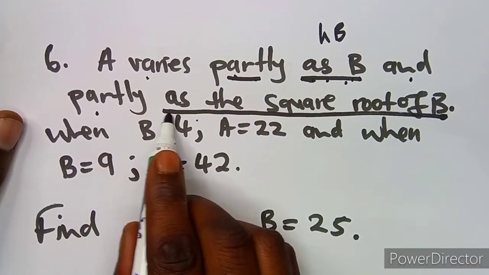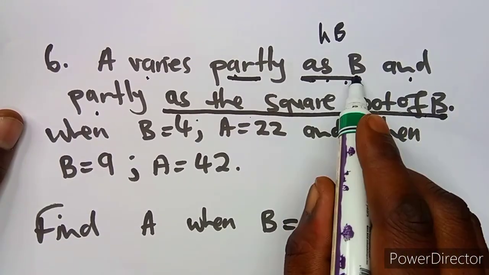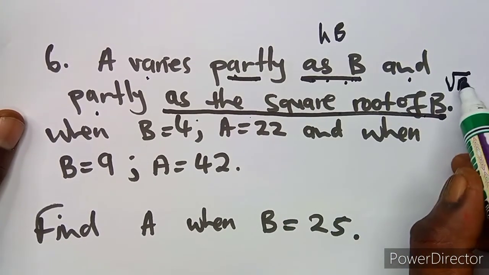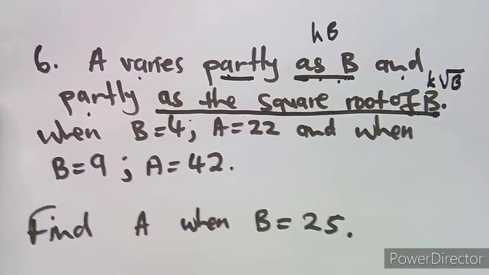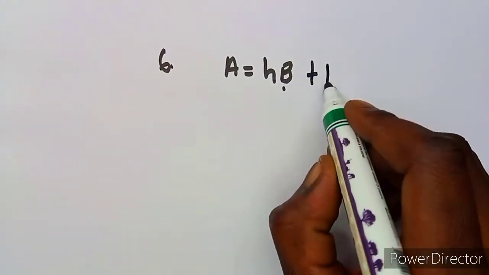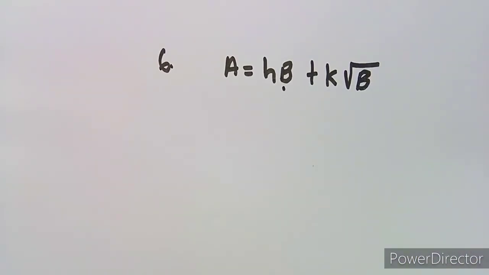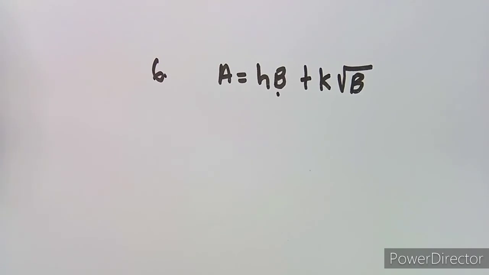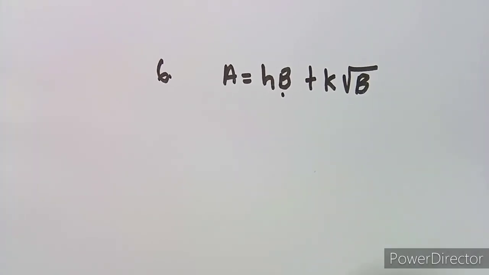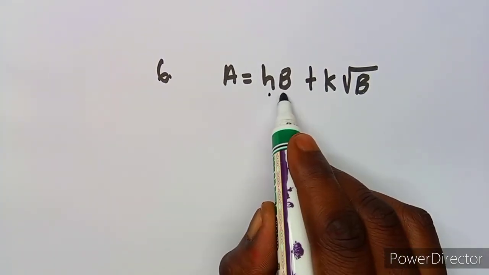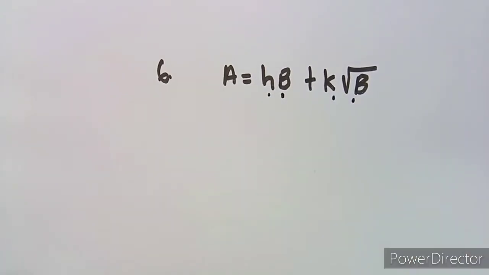And another one, partly as the square root of b, the same b, but this time the square root of b with another constant, so it's going to be another constant times the square root of b, like this.